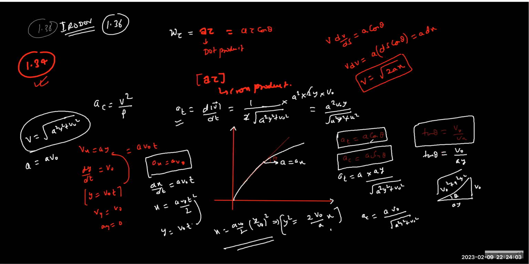This is not A. This is the A, the total A itself, which is A V naught. I hope you are getting it. The confusion came because of the A symbol, which I kind of messed up. But you can see that the answer will come both ways.